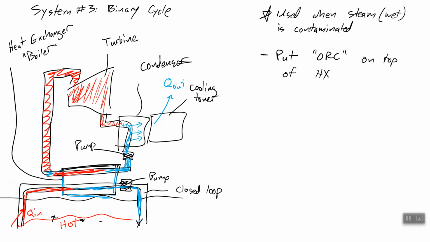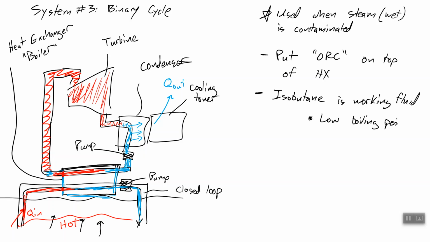Okay, so that's an organic Rankine cycle on top of just a heat exchanger acting as our boiler. That's a binary cycle. We call it an organic Rankine cycle because flowing through our Rankine cycle is not water but isobutane. That's our working fluid. And we do this because it has a lower boiling point, so we don't need as high of temperatures.